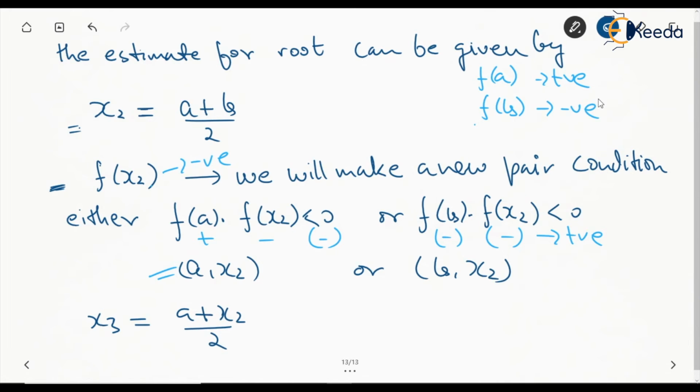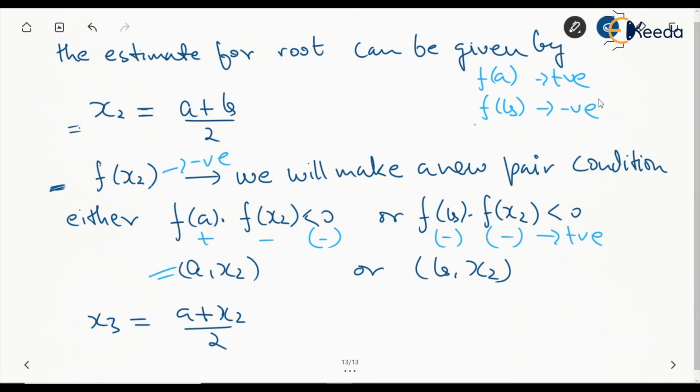Now what we have to do is, again we will check the function value at this point, and if it is giving 0, then definitely it will be the root, or if the function value is within the certain range provided in the question, then also we can stop at x3 and say that x3 is the root of the given equation.